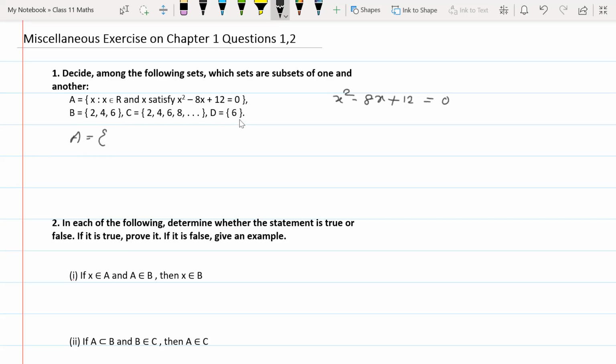So how can we write the elements in set A? x square minus 8x plus 12.